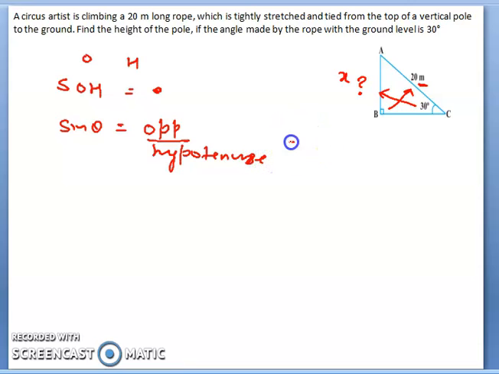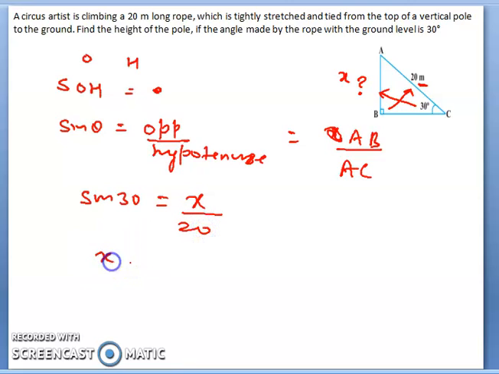Now opposite in this case is x, or first we can write AB, and the hypotenuse is AC. Sine theta is 30 degrees, AB is x, and AC is 20. So x is equal to 20 into sine 30.